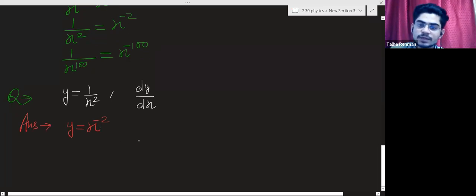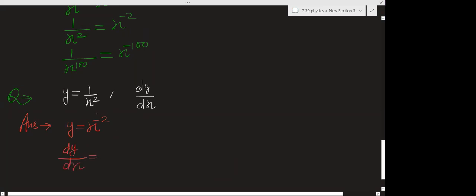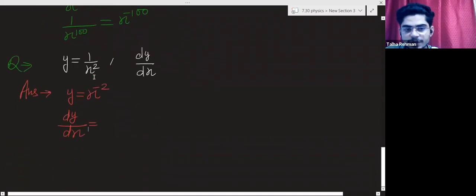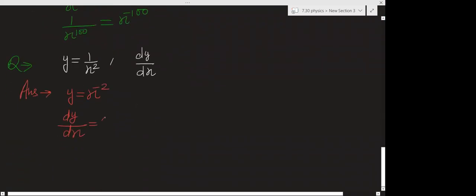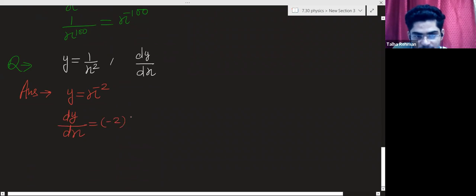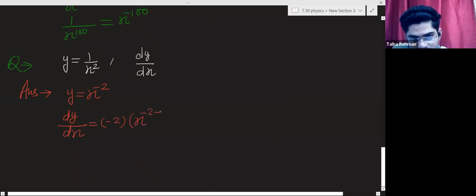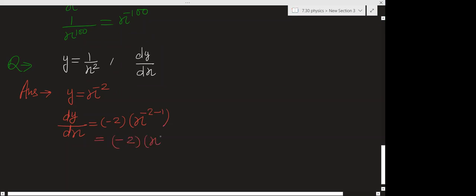When you find dy by dx, you multiply by the power, so first write minus 2, and then x raised to the power minus 2 subtract 1, so minus 3. x to the power minus 3.